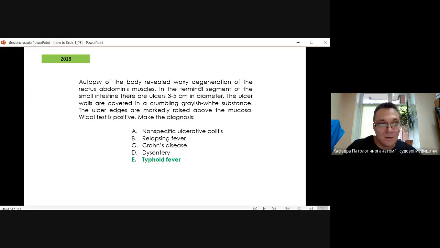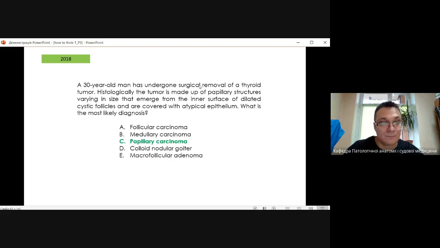Typhoid fever, in this question, it describes ulcers of 3 to 5 centimeters in diameter with a grayish-white substance and with a positive Vidal test. That's enough to set the correct diagnosis. That's only typhoid fever. And localization, that's the small terminal segment of the small intestine, the ileum. That's for sure not dysentery, neither Crohn's disease or relapsing fever.